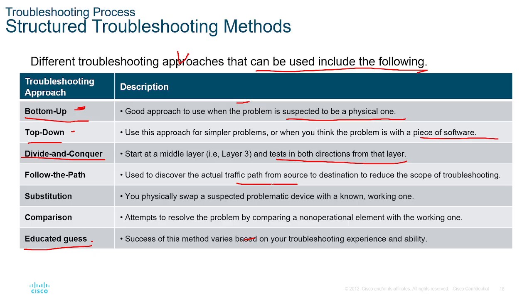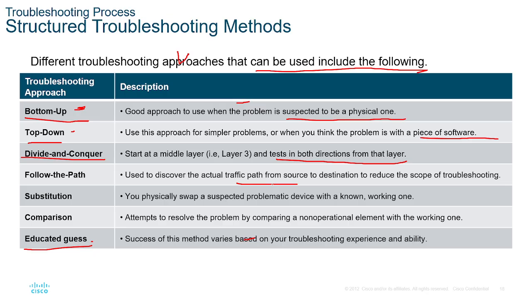Substitution: you physically swap a suspect, problematic device with a known working one. So you have a switch that is not working properly, you will bring another switch, and you will copy the configuration of that switch, of course, before you swap, and then you will have the other switch in place to see if it is working or not. Comparison: attempt to resolve a problem by comparing a non-operational element with a working one.